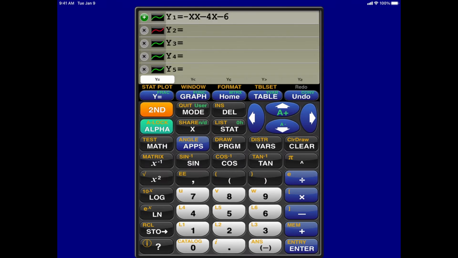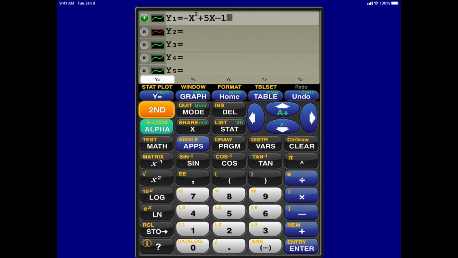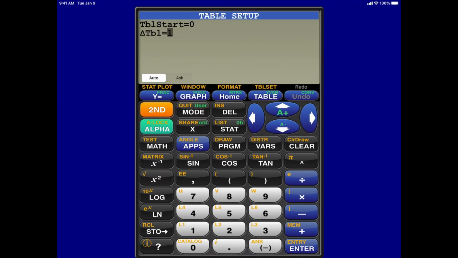I'm going to insert my function: negative, to the left of the enter key, x squared plus 5x minus 1. Now we're going to go to table set, which for mine is second table. When I said second window, that was on a real graphing calculator.